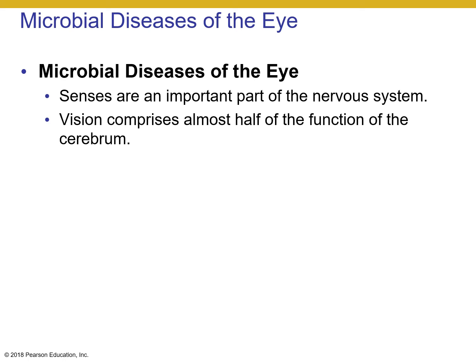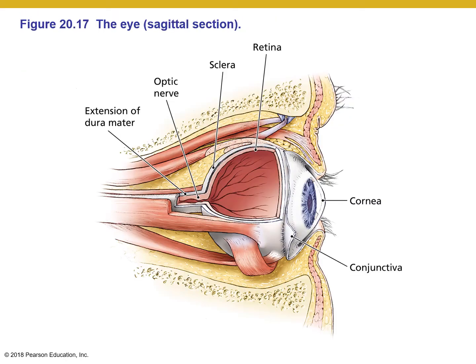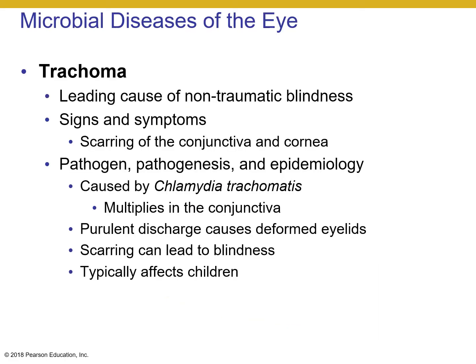All right, the last thing we're going to talk about are microbial diseases of the eye. And when we look at this, remember what the eye looks like. Pay attention to the cornea, the conjunctiva, the retina. Maybe we've all had conjunctivitis because of allergies or whatever.